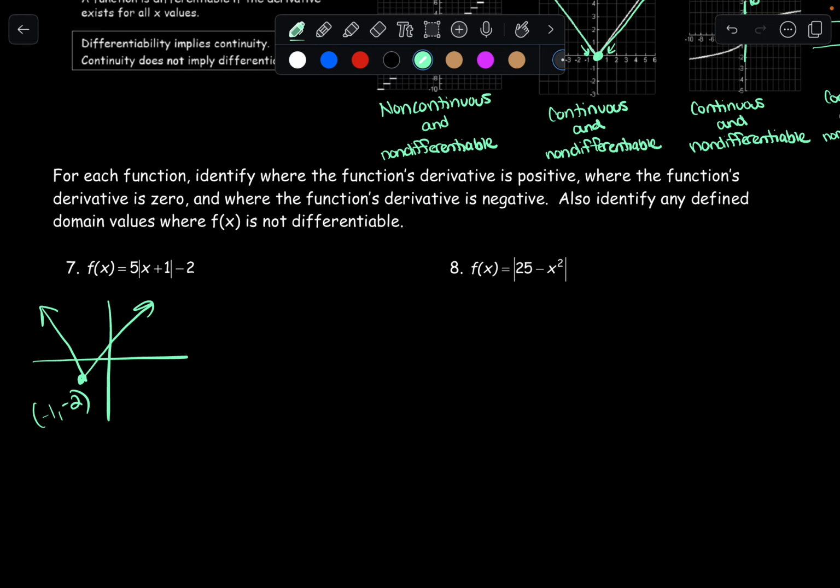Okay, so we actually know the value for the derivatives for all of these points because of the slope here, okay? On the left side, we are decreasing, which means the slopes will be negative. And then on the right side, we are increasing, which means your slope will be positive. And then at x equals -1, that point there is non-differentiable.